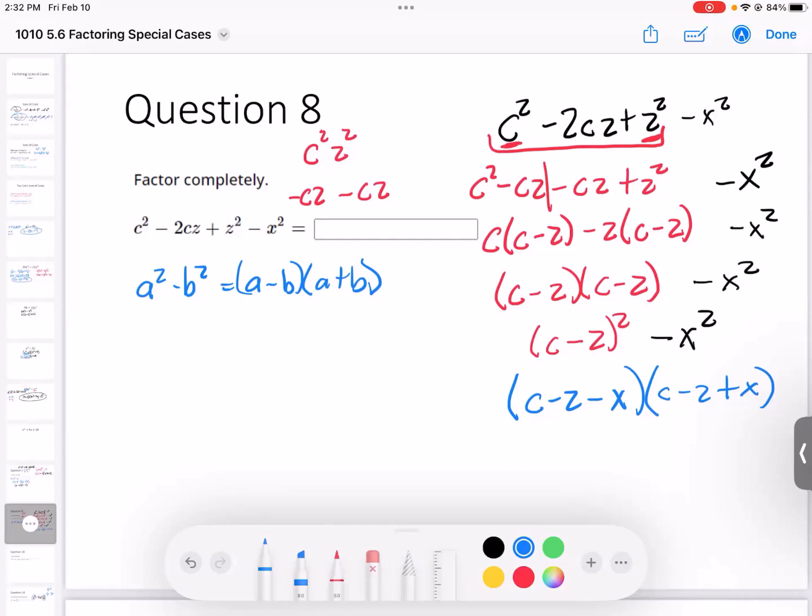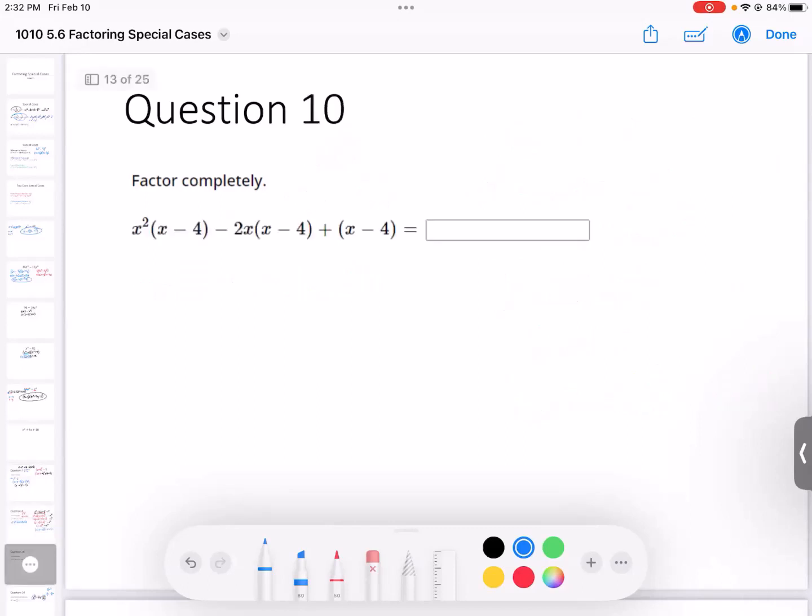So there's that one. And then the last one I just wanted to mention, I'm not going to go through the whole thing, but this one's very similar. This is question 10. And it's very similar to what we did in class yesterday, where you have three terms that are being added and subtracted, and all of those terms have an x minus 4 in common.